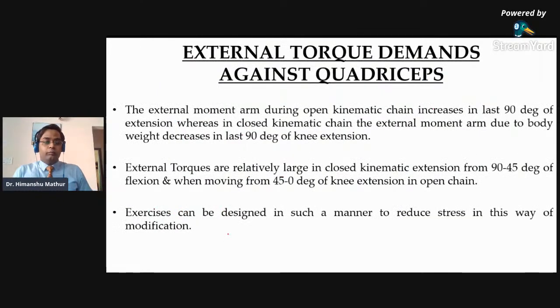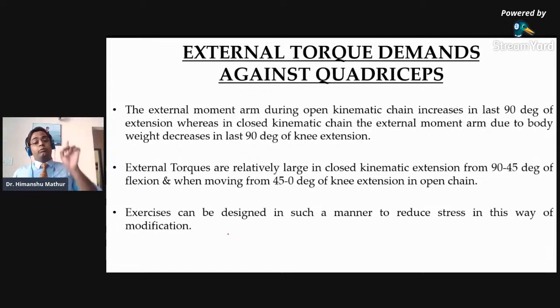All right, now the external torque demands action from the quadriceps. This is one important thing you should learn, which will give you an insight into clinical practice. It tells you that the external moment arm during open kinematic chain increases in the last 90 degrees of extension.